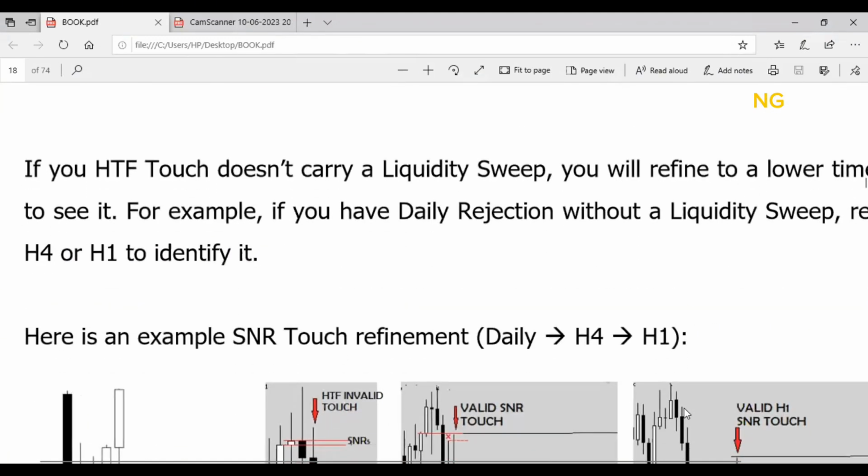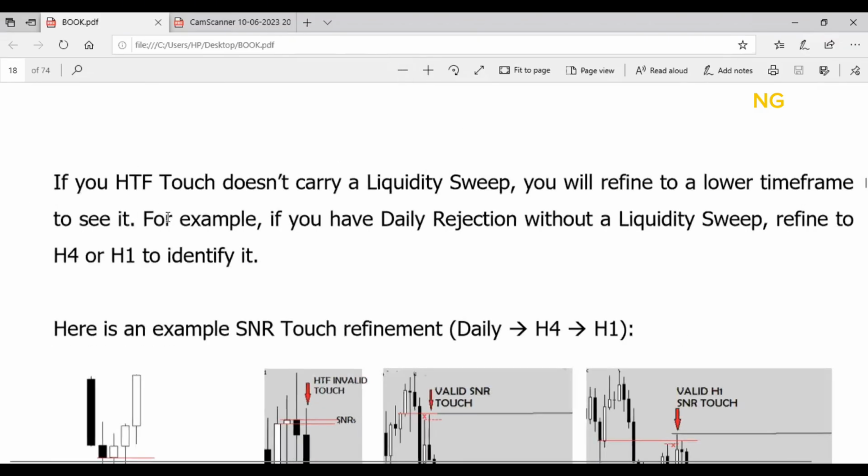That is what I wrote in the book. If your higher time frame touch does not carry a liquidity sweep, you will refine to a lower time frame to see it.